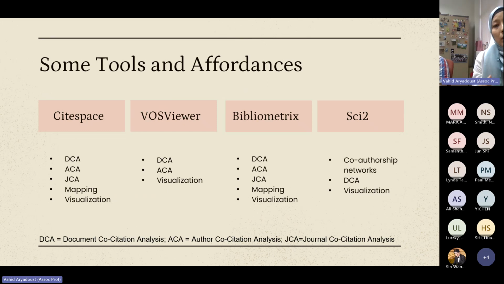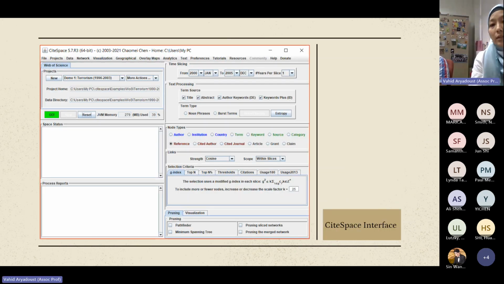And these are also visualized in various ways. VOSviewer has a bit more limited affordance, while quite interestingly, although we have not used it, is CiteSpace's counterpart, which has co-authorship networks.